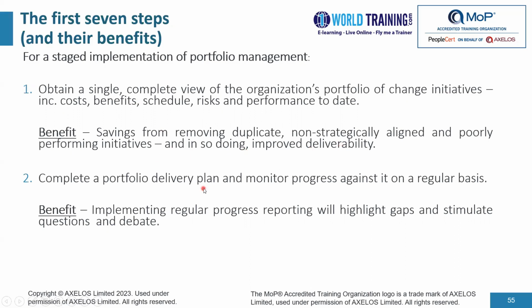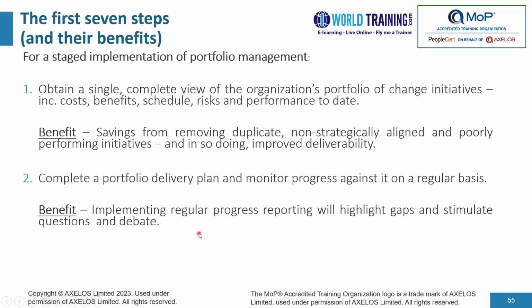Number two, create a complete portfolio delivery plan and monitor progress against it on a regular basis. The benefit is you could implement regular progress reporting, highlight gaps, and stimulate questions and debate.